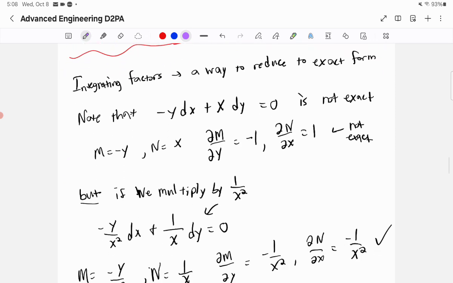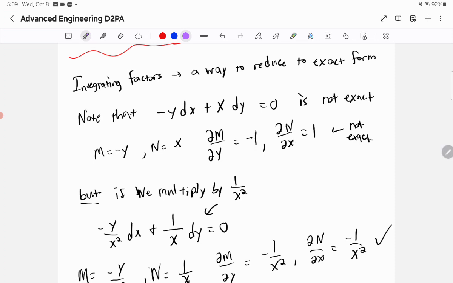Integrating factors. I mentioned that integrating factors were going to become important. The idea is that we can actually turn an equation that's not exact into one that is exact, and this works for a wide array of functions.